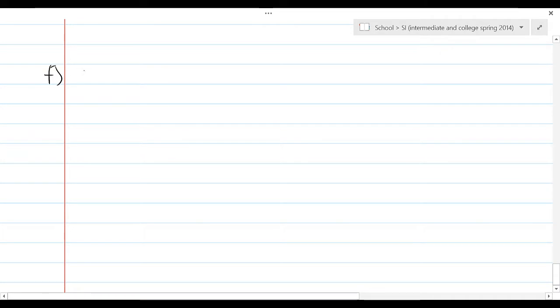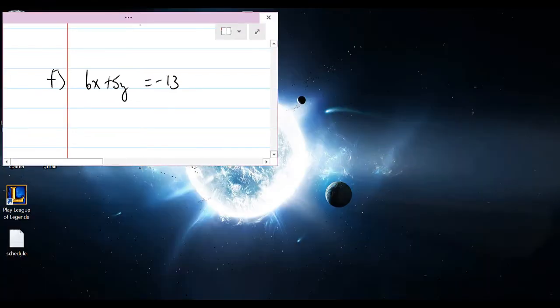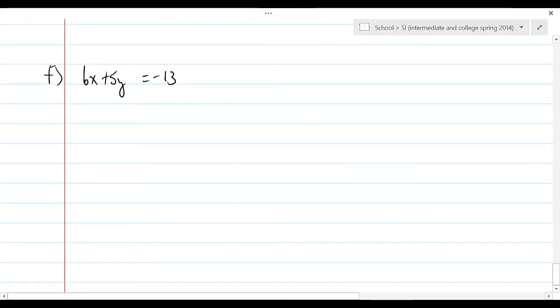So we've got 6x plus 5y equals negative 13. Okay, so solving for the x-intercept, I've got 6x plus 5 times 0 equals negative 13, or 6x equals negative 13, or x equals negative 13 over 6, which is negative 13 over 6, 0.